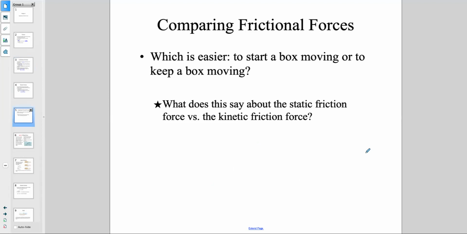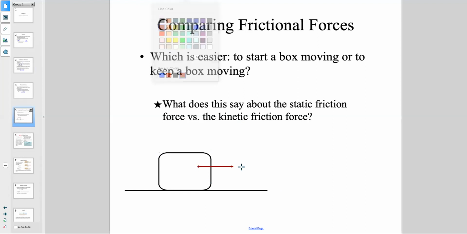Okay, so in other words, let's say that I have a box, and the box is located right on the surface. So I would have something like this, and I am applying a force, let's say F, to this box, all right?